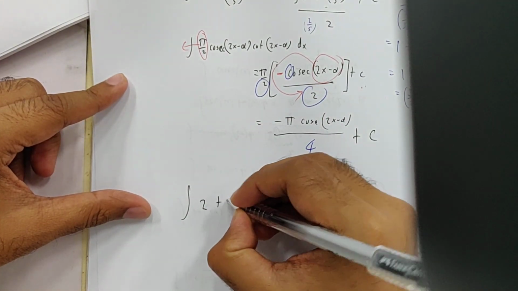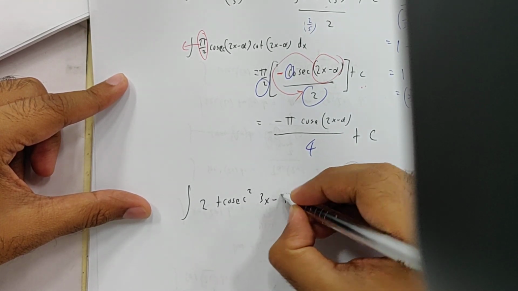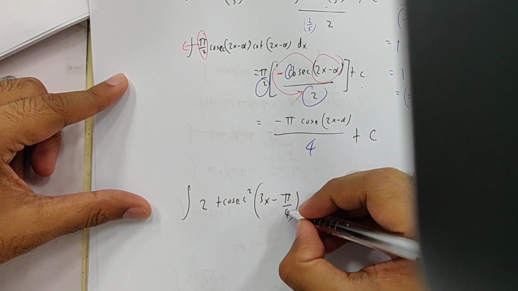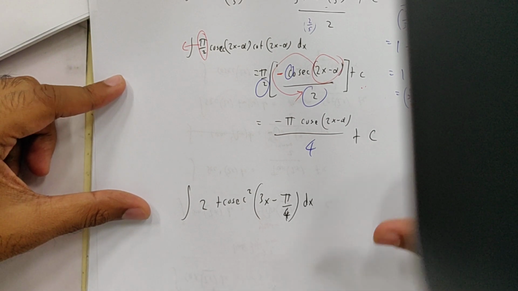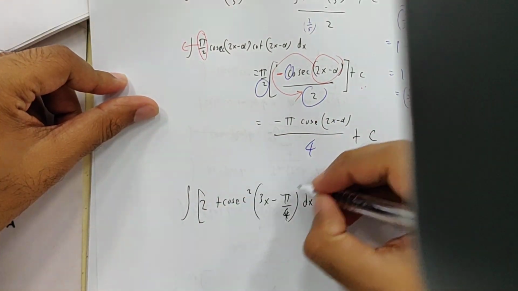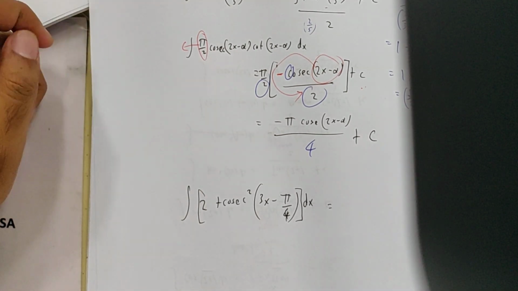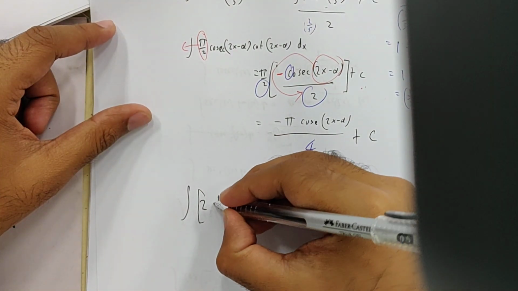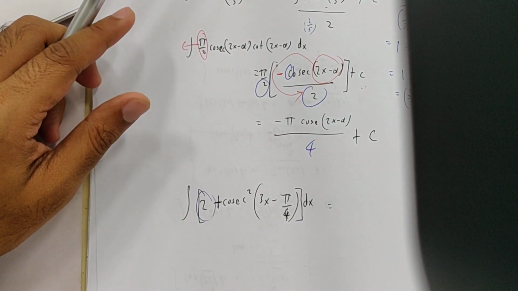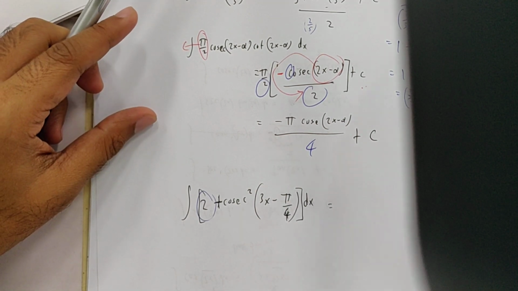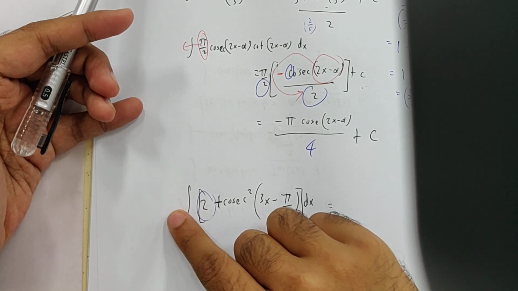Okay, now what about this? What about this? What should I do with this 2 first? Yes, it's 2 plus. Can I take this 2 out? Why not?